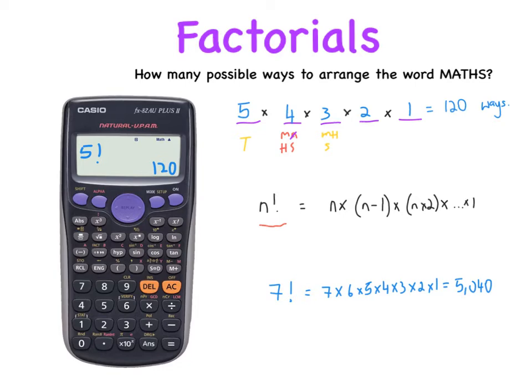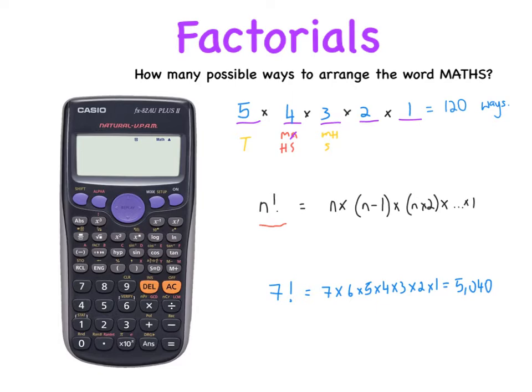Or again, if we had the 7 factorial, we would simply AC there to clear that, and very simply we'd be pressing our 7 here and then up to our factorial and equals, and we would get 5040. Okay, so that's our factorial button on our calculator.